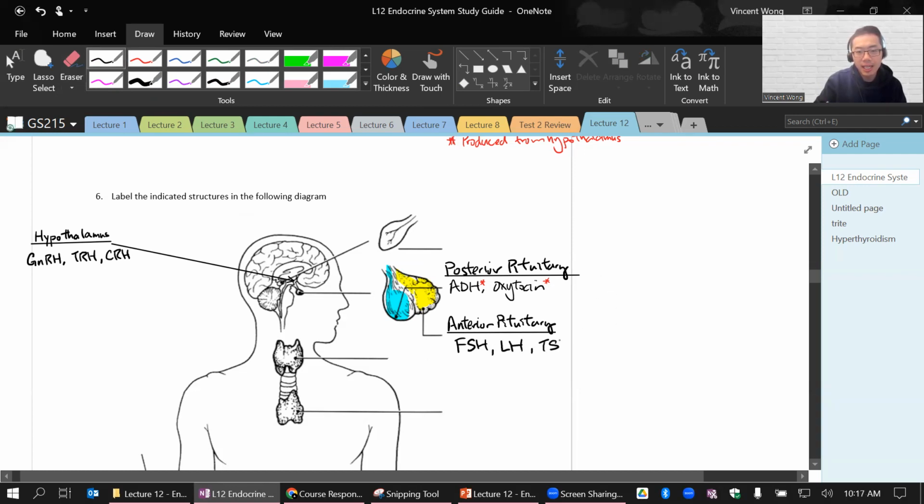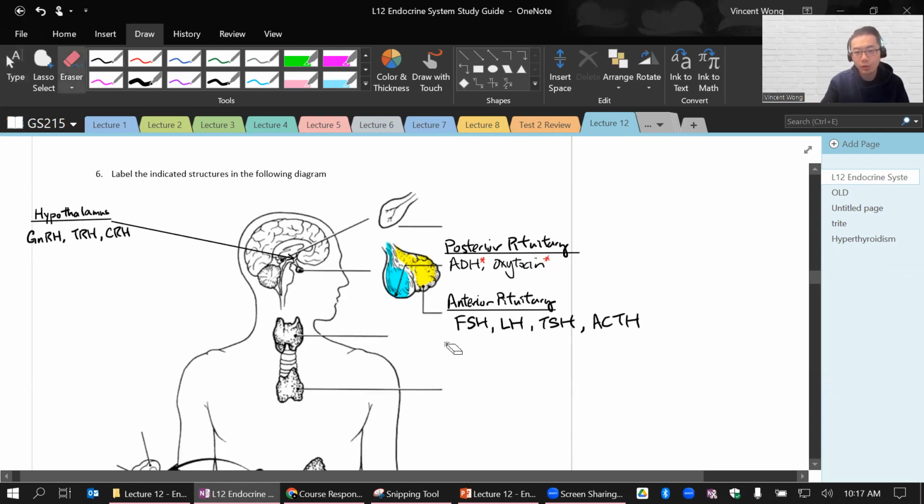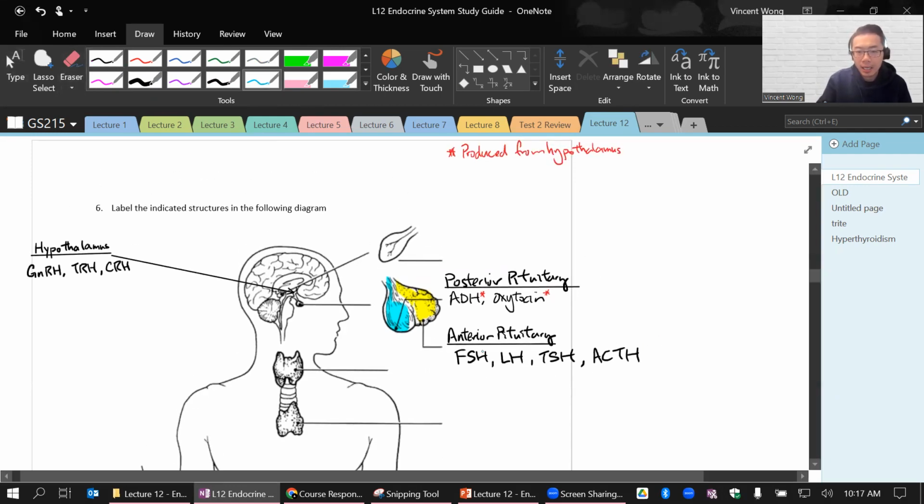And then we also have TSH and ACTH. These are tropic hormones. Let's bubble them up. We did this already, but I'm helping you memorize them by repeating. These are tropic hormones, which means they target another endocrine gland.